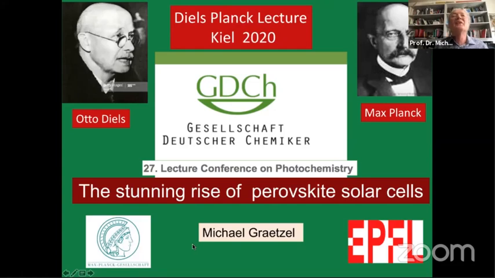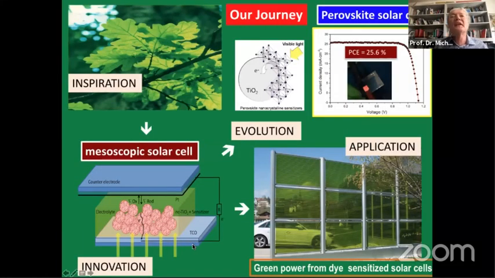Okay. So what I was telling you was that the journey which we will take together is starting from our inspiration and the example of Mother Nature, the photosynthetic life-sustaining process, and out of this, we developed this mesoscopic solar cell or molecular photovoltaic cell.